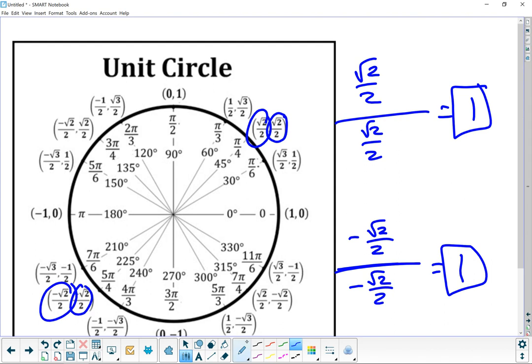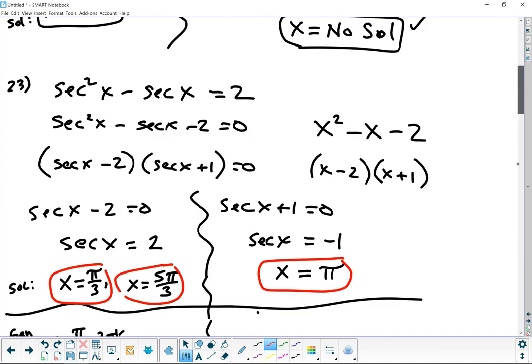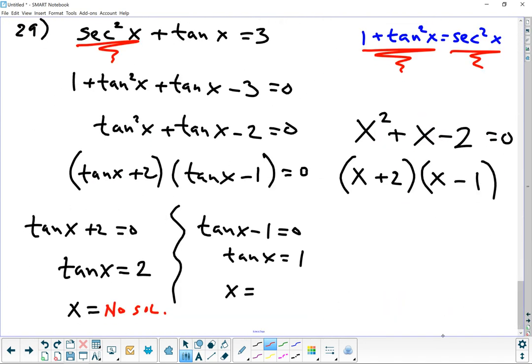So I want pi over 4 and 5 pi over 4. They're across from each other, so I can do the general solution with just the half circle. So x equals pi over 4 and x equals 5 pi over 4.